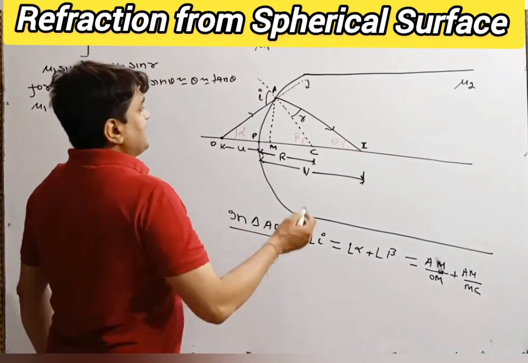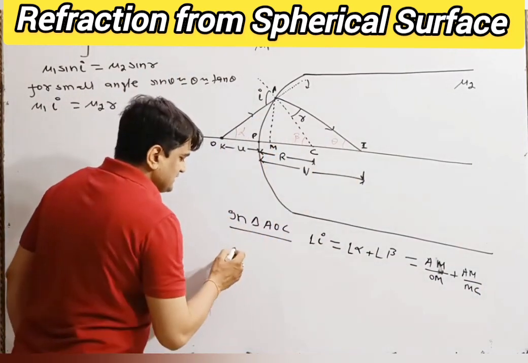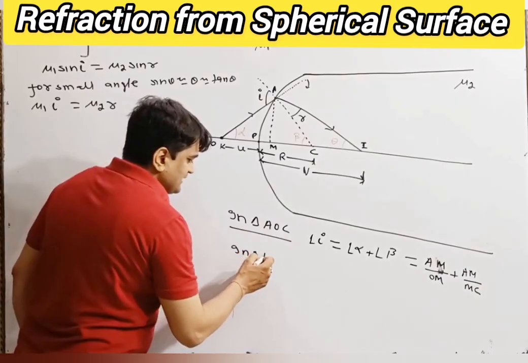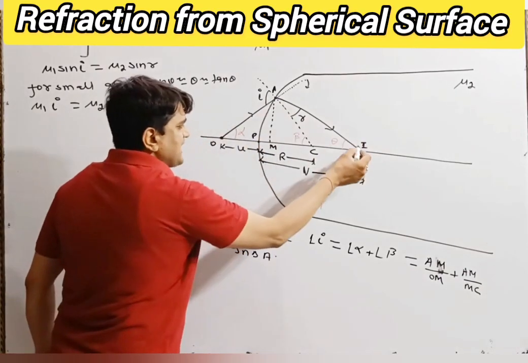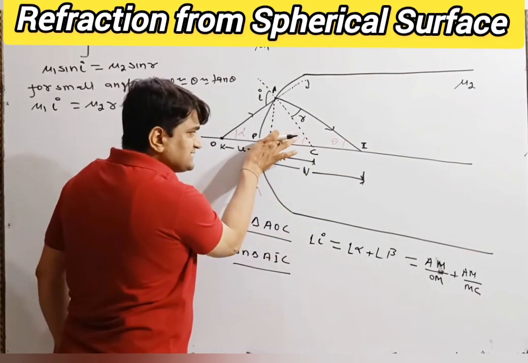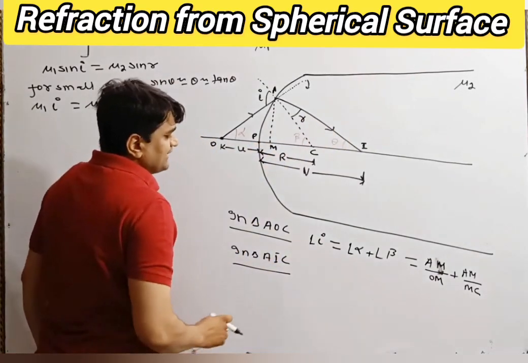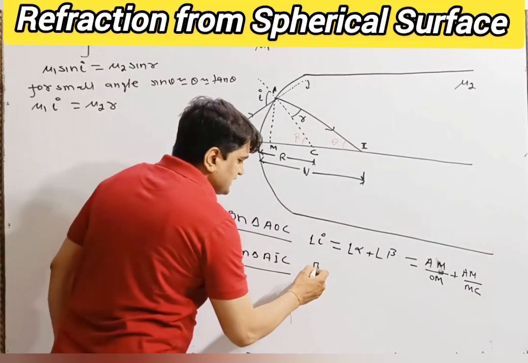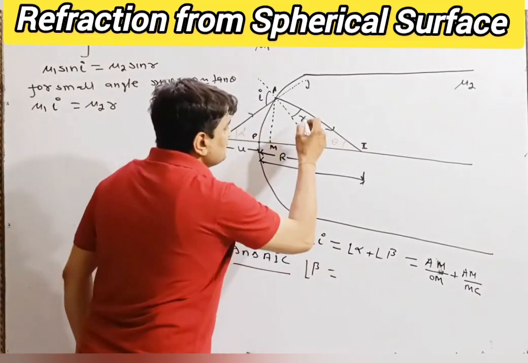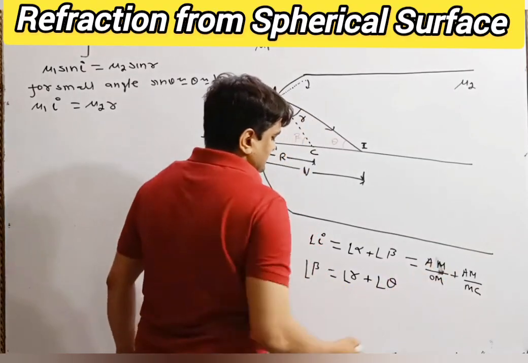Okay, now in triangle AIC, beta is the exterior angle and alpha, r and theta are the interior angles. So you can write angle beta will be equal to angle r plus angle theta.